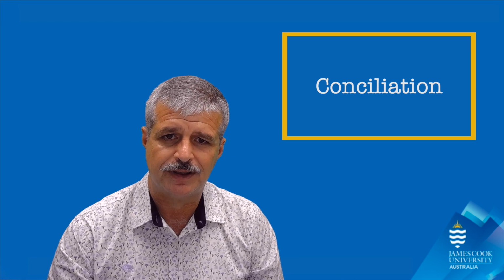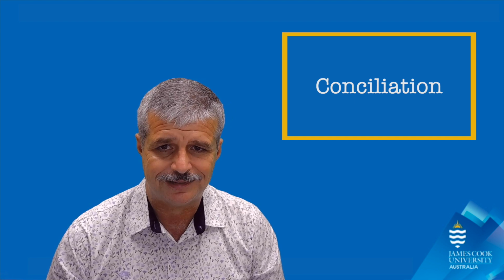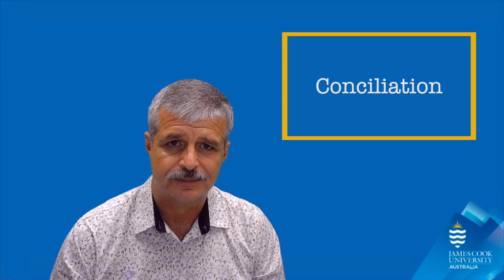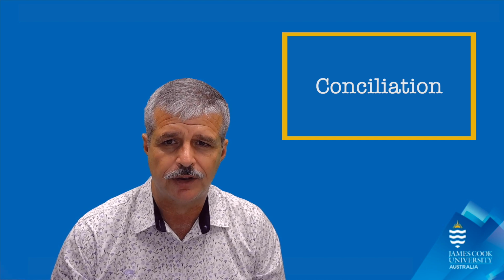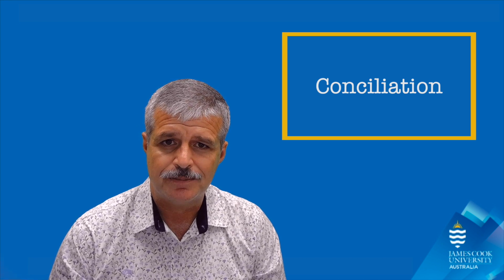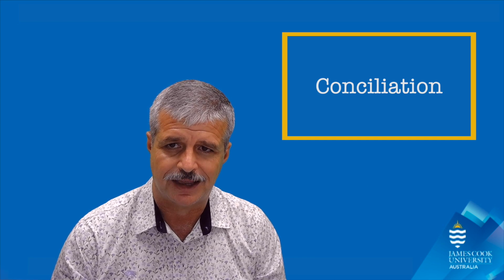That doesn't mean they pick a side. Rather, it means that the conciliator will not hesitate to point out what they consider to be weaknesses in either case, and they'll often gently advise which decision they believe the tribunal will arrive at. Many disputes before the AAT are resolved during this conciliation process.